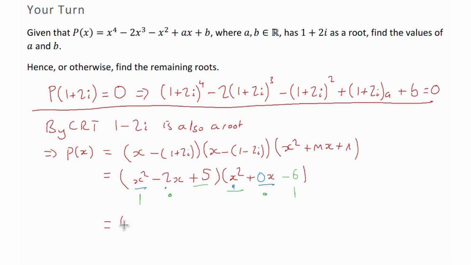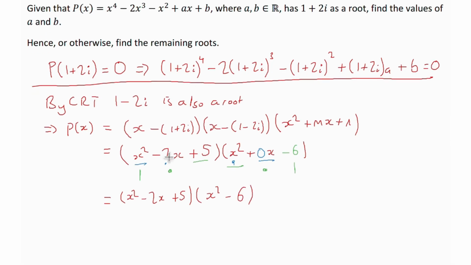So this means, putting that together, we've got x squared minus 2x plus 5 times x squared minus 6. Now that I've got that second quadratic, I know I can write this as x squared minus 2x plus 5 times x minus root 6 times by x plus root 6.